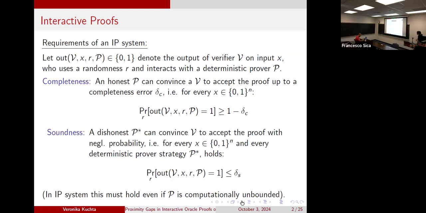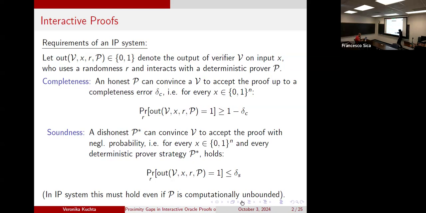And the soundness property: here we assume the interaction between a dishonest prover and an honest verifier. A dishonest prover who tries to manipulate the proof in some dishonest way can convince the verifier to accept the proof with only a negligible probability. So this is what it means.